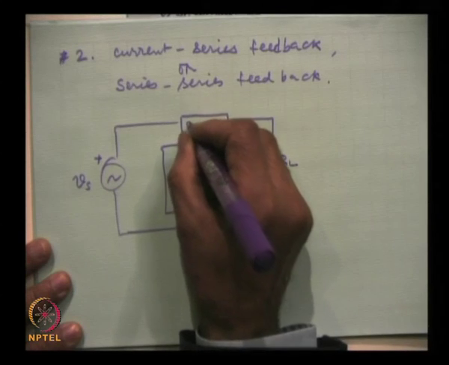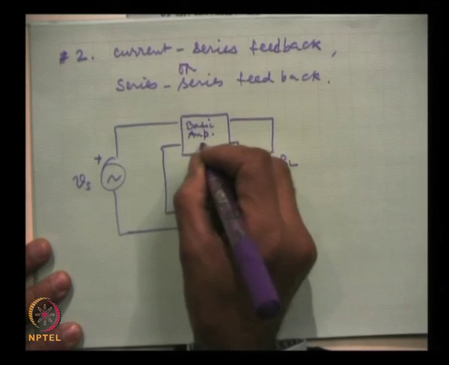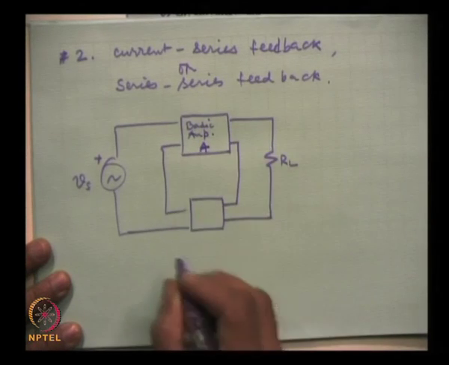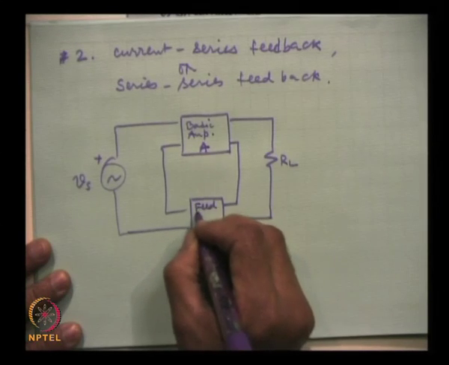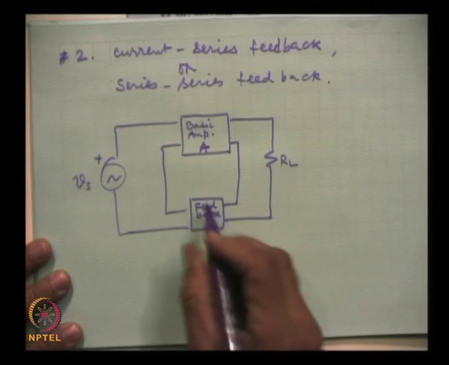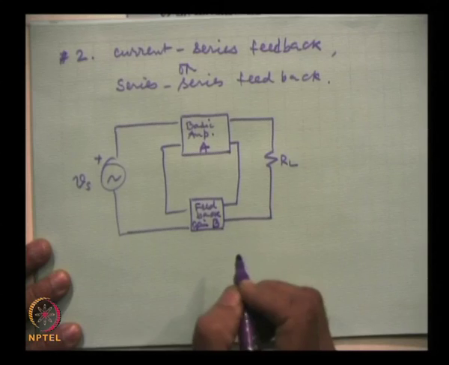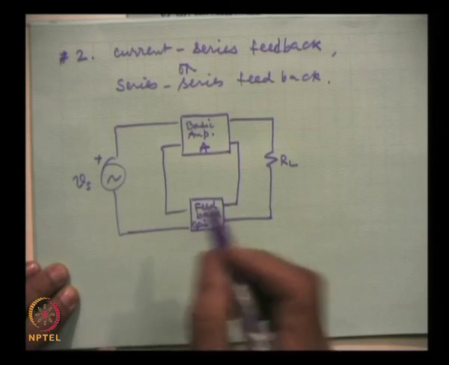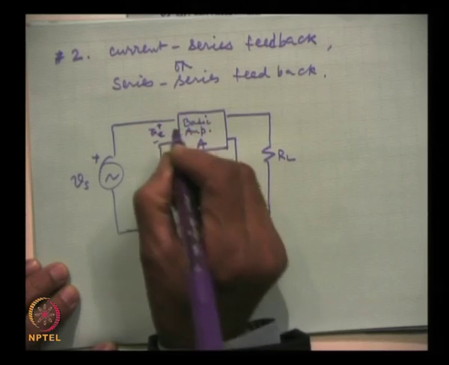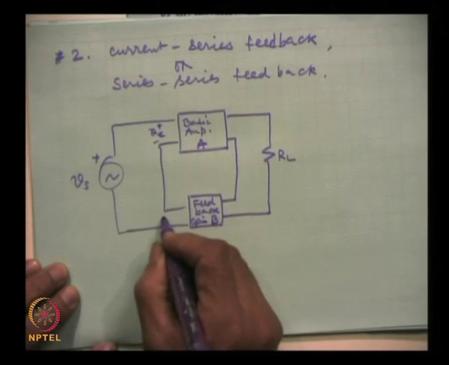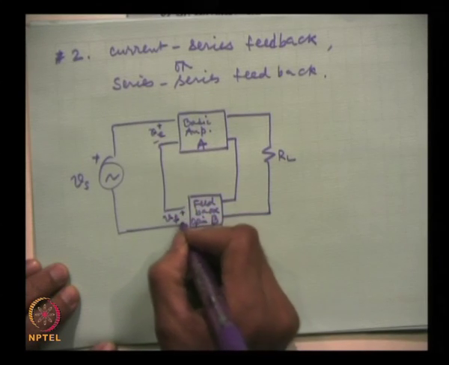This is the basic amplifier with gain A. This is the feedback network, and here the gain is B. Now, this is the error signal V E, and this is V F with polarity plus minus.